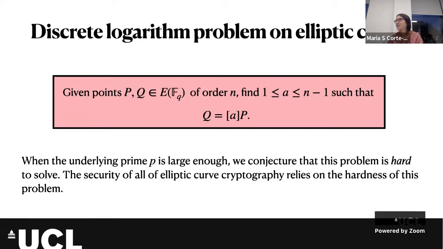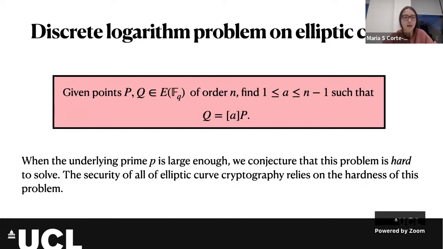When we reason about the security of our cryptographic primitives, we usually reduce it to an underlying hard problem. We say that if this primitive isn't secure, then you can break this problem. But because we assume this problem to be hard, it means that our primitives are secure. So really this problem underlies all of the security of ECC.